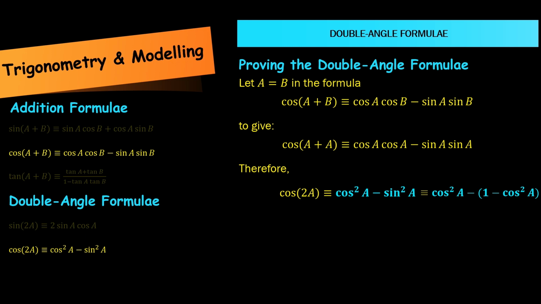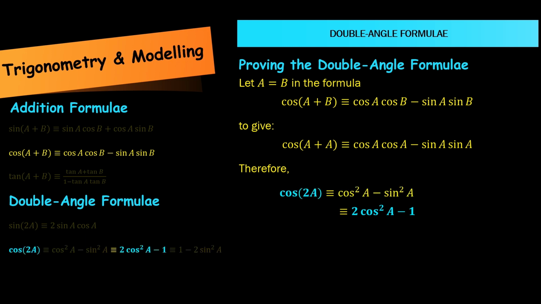We've of course replaced sine squared A by 1 minus cos squared A. And this gives us 2 cos squared A minus 1. So cos 2A is also identical to 2 cos squared A minus 1. Similarly, we can write cos 2A as being identical to 1 minus 2 sine squared A.